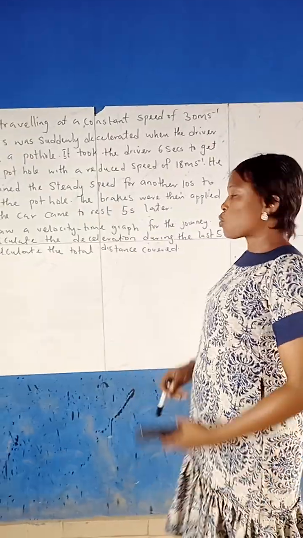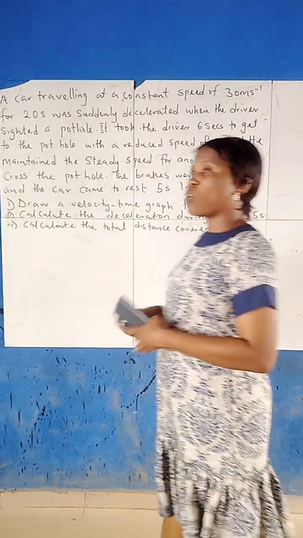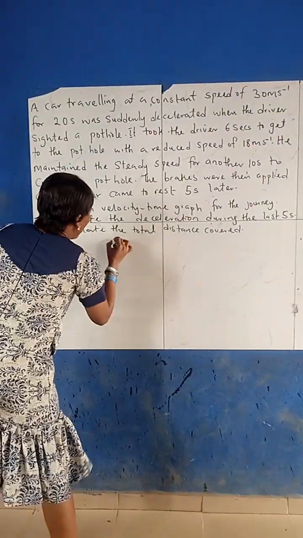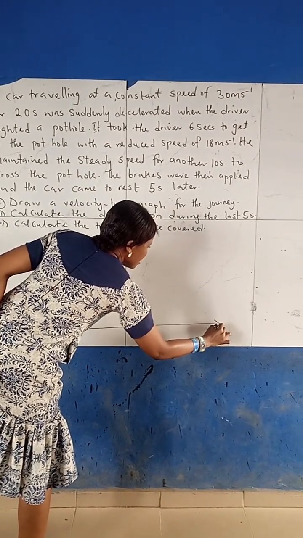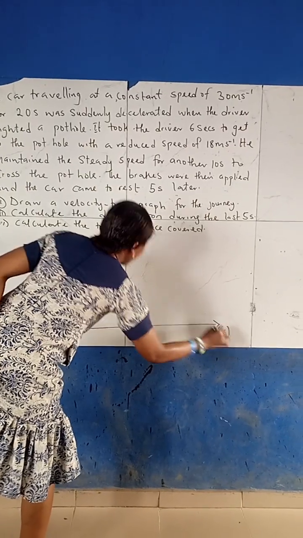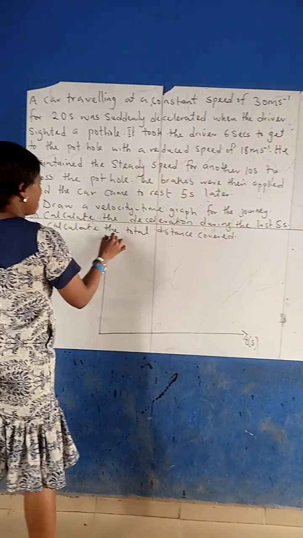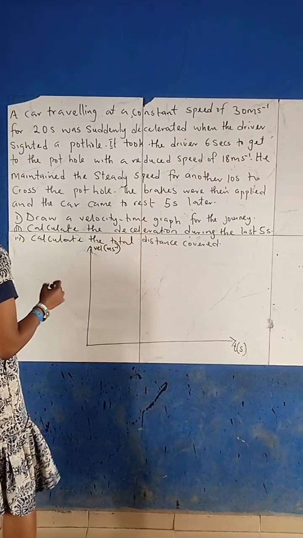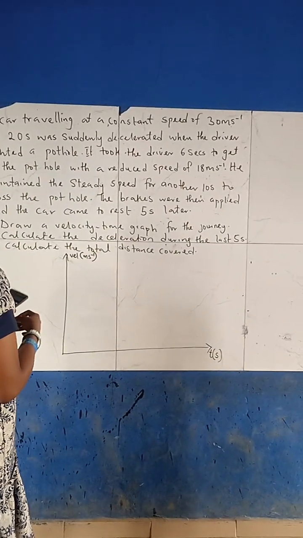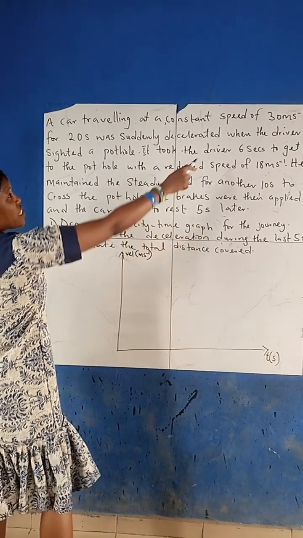Now, to answer this question, the first thing you're going to draw is your vertical and horizontal axis. This is my time in seconds, and this is my velocity in meters per second. Now let's look at the question. A car traveling at a constant speed of 30 meters per second.